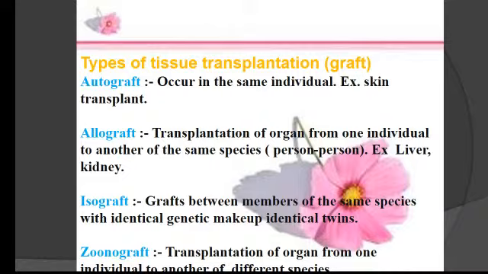This one might not work because it goes from one species to a different species. The easiest one to operate is the isograft. A harder one is the allograft. The autograft is actually very easy because it occurs in the same person. Auto, allo, iso, and xeno.